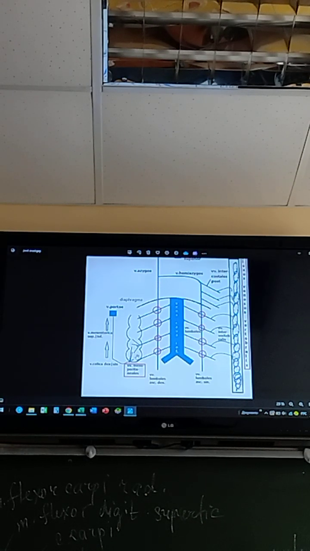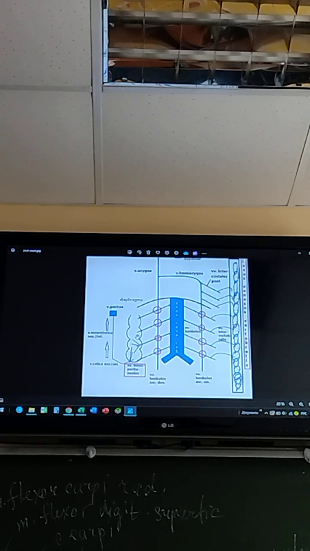And the last anastomosis, students, is the posterior porta-caval anastomosis. On the back side, students, behind the ascending and descending colon, between the colon and muscles, we have fat tissue.